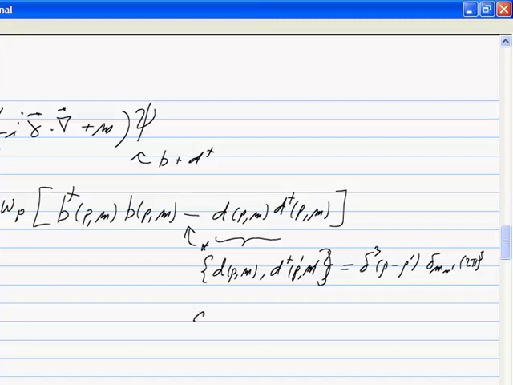So this tells me that d d dagger is minus d dagger d plus (2 pi)^3 delta^3 of 0.